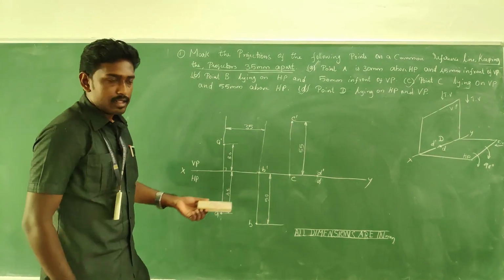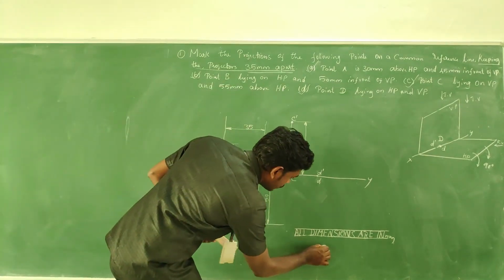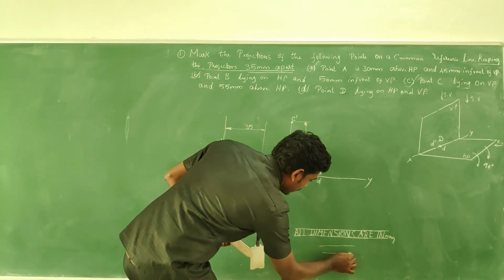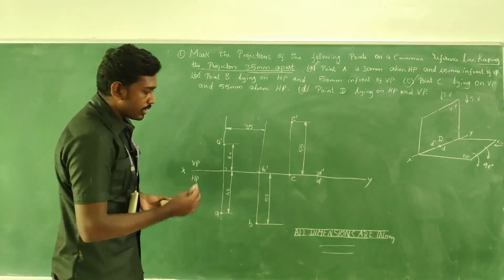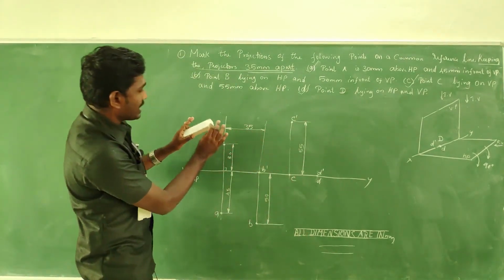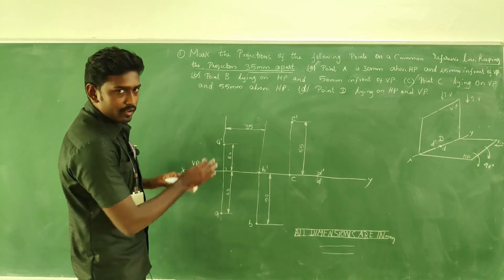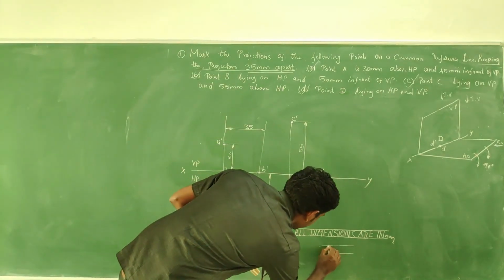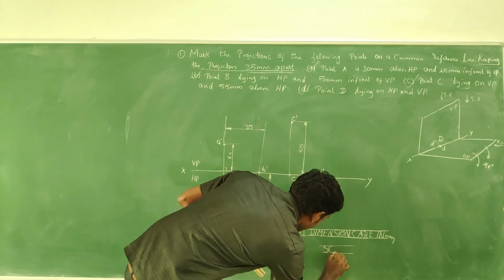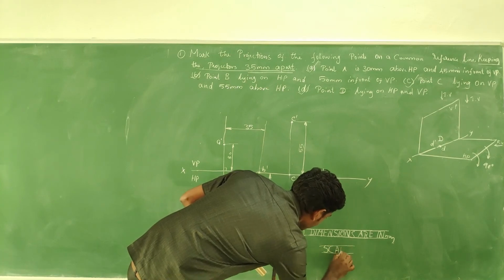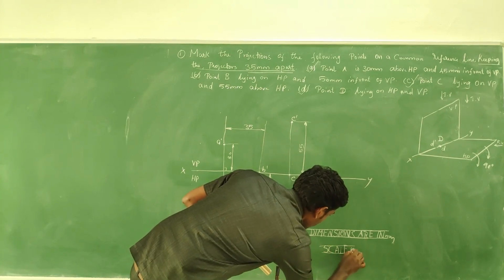What about the scale? Yes, 1:1, right? Since we did not use a reduced or enlarged scale, we have captured the measurements as given in the question. So make the scale 1:1.